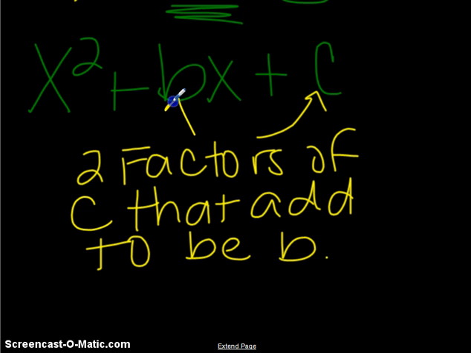So 2 numbers that multiply to be c and add to be b. Alright, let's do some examples and go the other way around from expanded form into factored form using that rule.